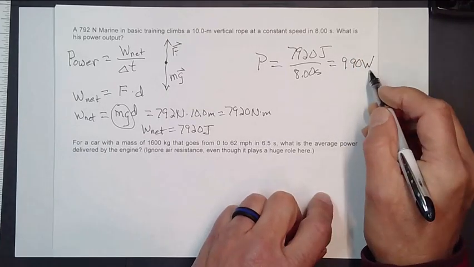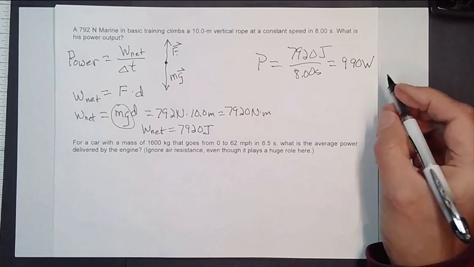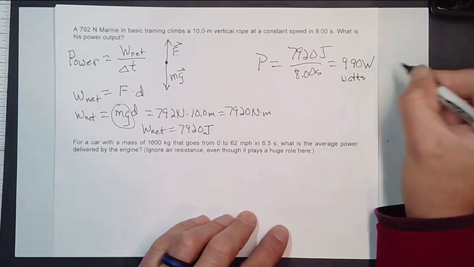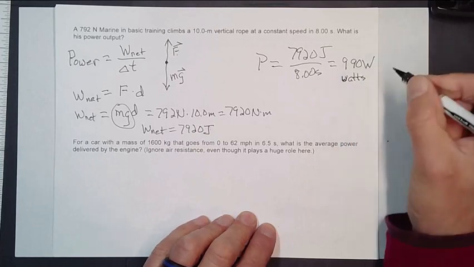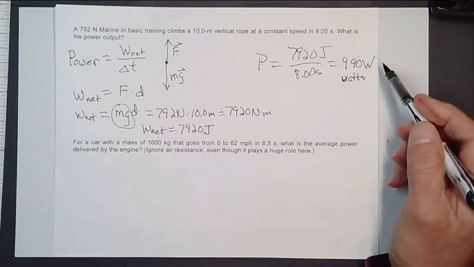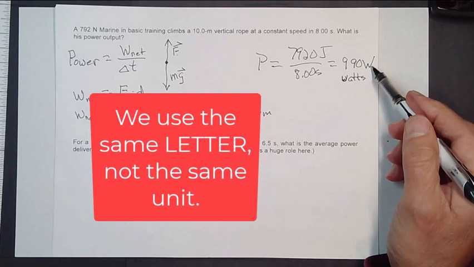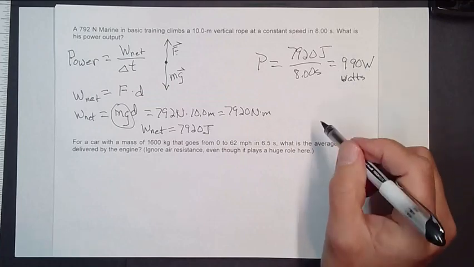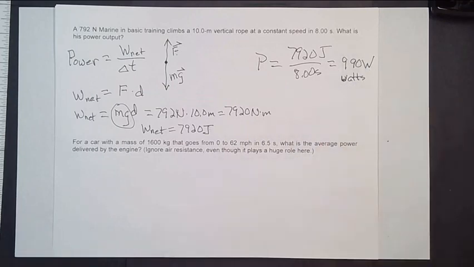Now, this W stands for watts. Work written out, it looks like that. Got to be careful on these. We use the same unit for the power unit as we do for work in this case. But at any rate, 990 watts is quite impressive for climbing something.